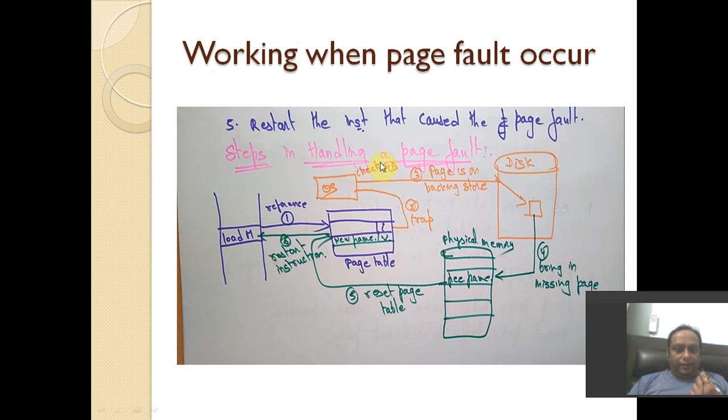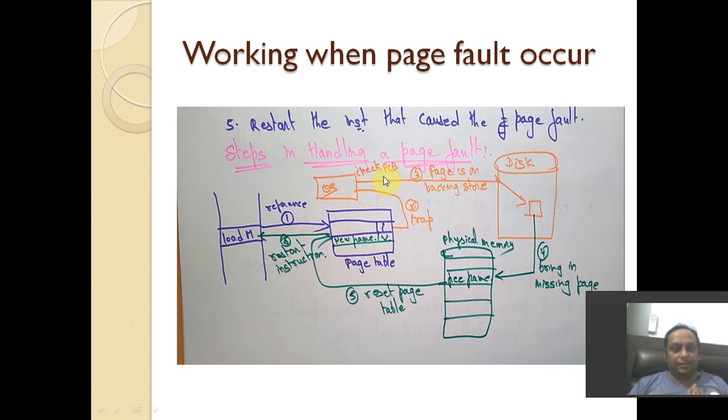Here are the steps for handling the page fault. With this diagram, this is the demand of the page, load M. First it goes to the page table. If the demanded page is not available in the page table, then the control goes to the operating system.